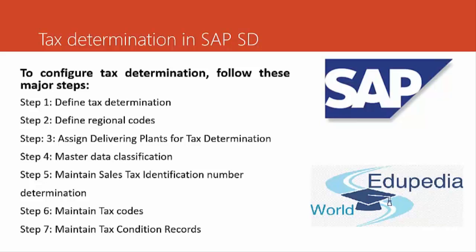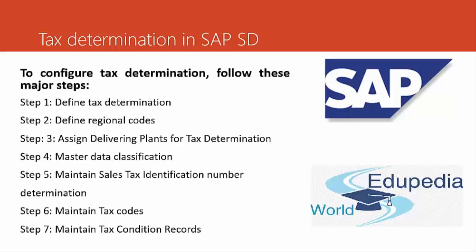So in this lecture, we have learned about tax determination in SAP SD. We configure tax determination following these major steps. We defined tax determination. We defined regional codes. We assigned delivering plants for tax determination.